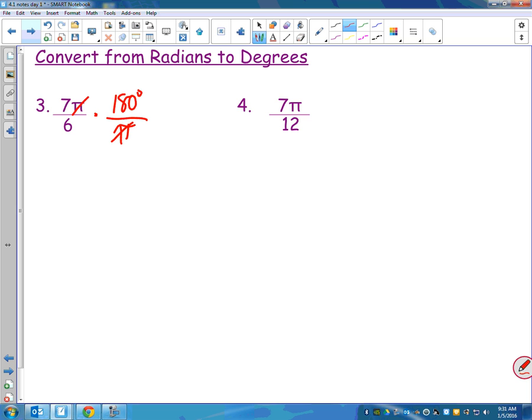And again, if I can do it without a calculator, I can try. 6 goes into 180 30 times, so 30 times 7 is 210 degrees. Really, really important that if you're giving me a degree answer, you put that degree symbol on it. Again, just because if you don't, then that's read as radians.